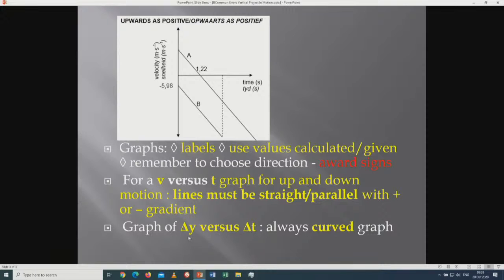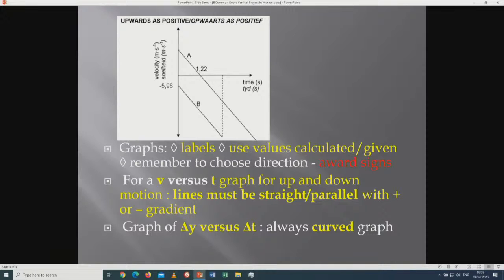And sometimes to draw a graph of delta y versus delta t, because it's curved lines, it is actually a more difficult graph to draw. So make sure that you've been able to work backwards from a velocity time graph given to a delta y displacement or position versus time graph given.